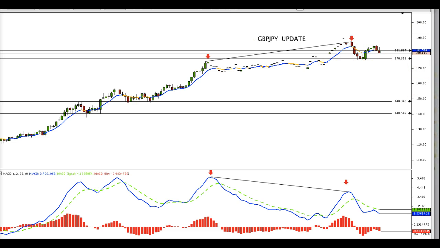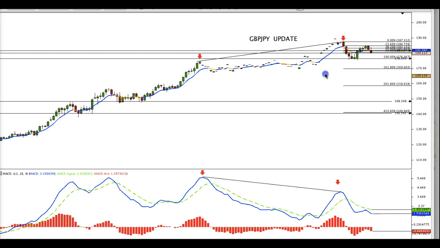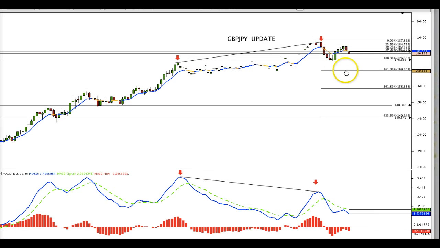And if I take my Fibonacci tool and draw from this swing low to this swing high, then these would be the levels of support and most likely profit taking targets if it can manage to break below the swing point, which it should, given that this is a weekly divergence setup. So this would be 169.60 and then 158.65.